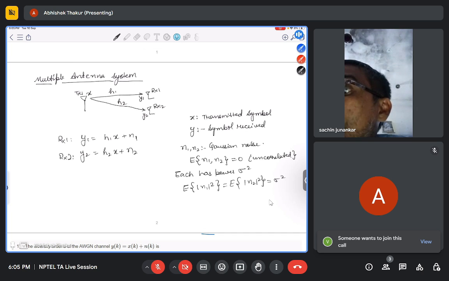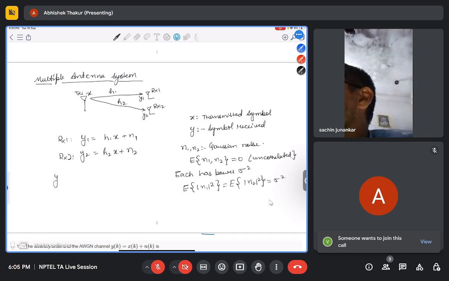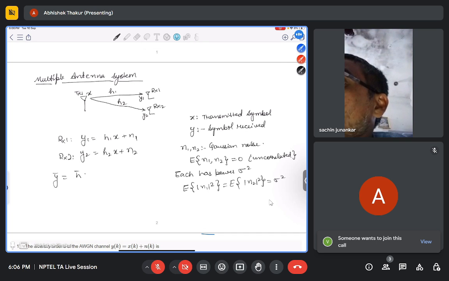We can also write this in vector form: vector y is equal to vector h x plus vector n.